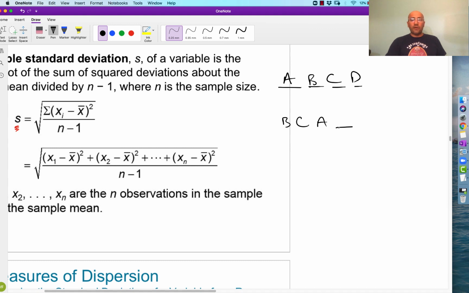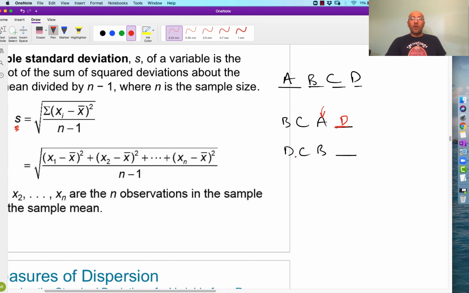Or we can put the D first, and then the C, and then the B, and then the last one. Okay, so even though there are 4 items that we're organizing, notice that the last one is not really a choice at all. Once we've chosen the B, the C, and the A, there's only one left. So in essence, when you chose the A to go there, you by definition kind of define what the last one was, right?